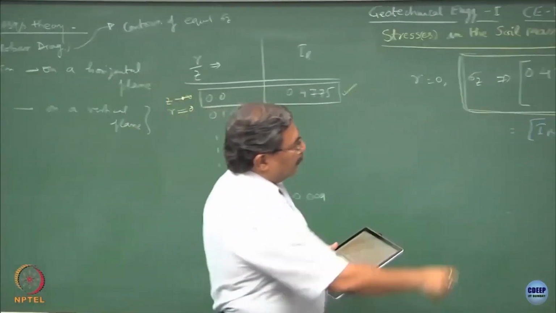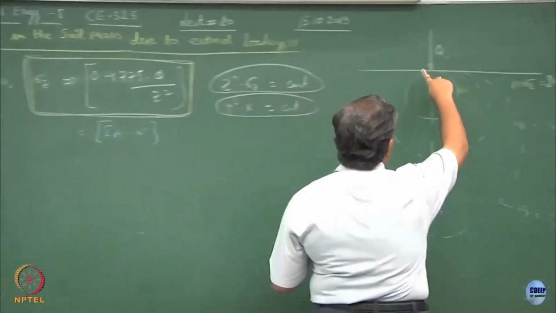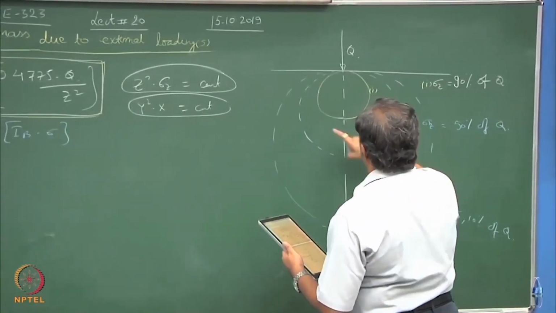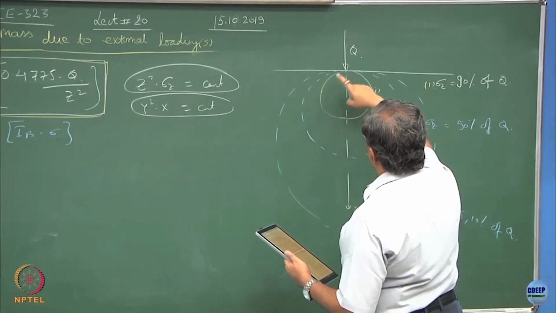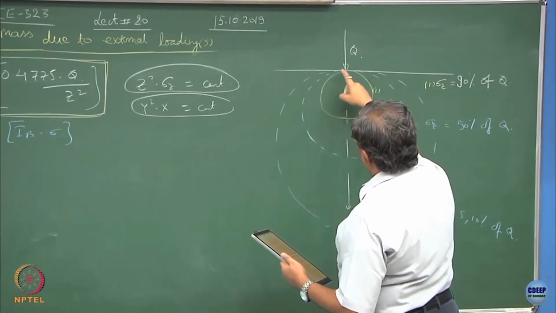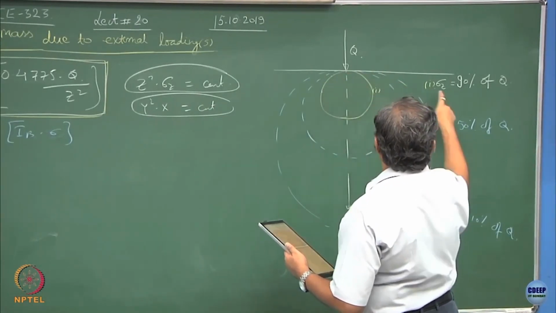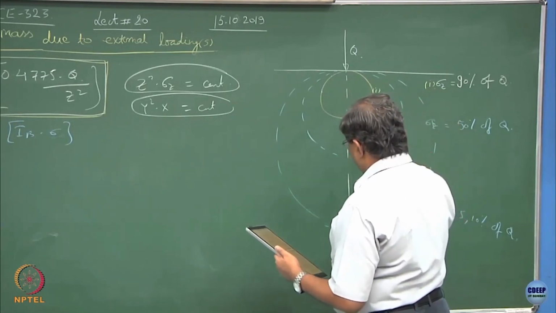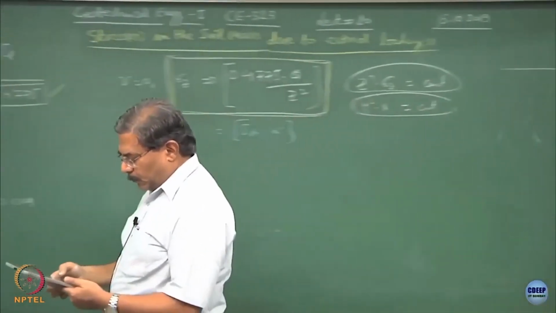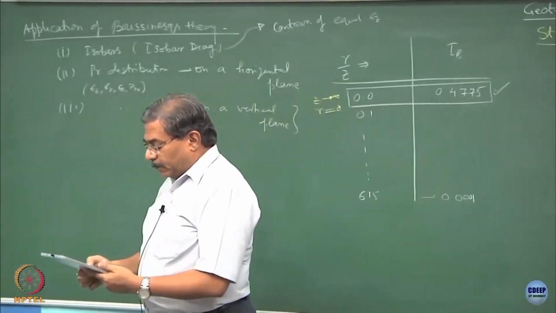So, IB is a function of R and Z. Basically the contours of these pressure bulbs, we sometimes call them isobars, are inclusive of R and Z, and they depict the state of stress, alright. Now, this is one thing which we wanted to do.